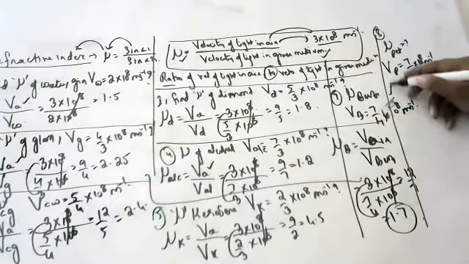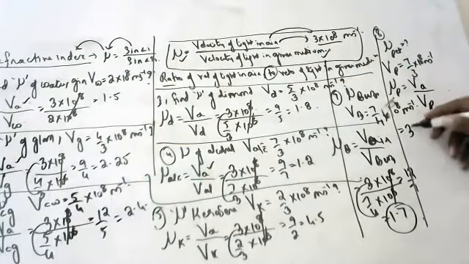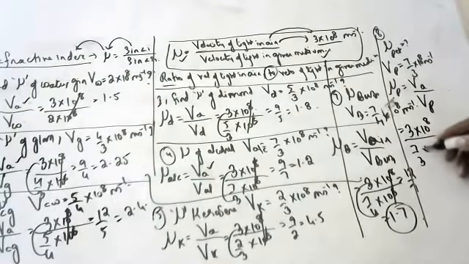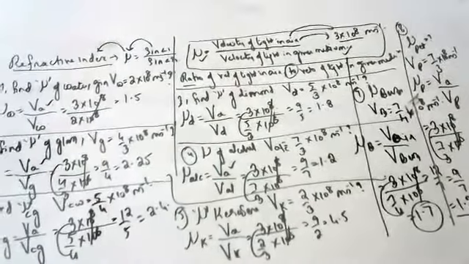So the refractive index of petrol is velocity of light in air by velocity of light in petrol. So 3 into 10 to the power of 8 by 7 by 3 into 10 to the power of 8. How much is that? Sir, 9 by 7. How much is that? Sir, 1.25. Approximately 1.2.